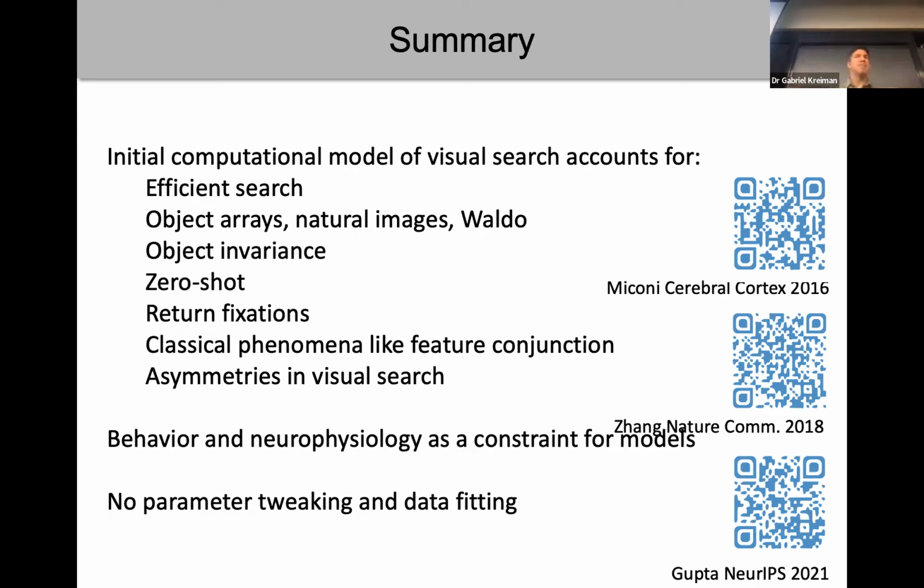We're above chance, but we're not very good at doing that, suggesting that we still have a long way to go in terms of our models. And that's important to note, because that's different from what I was showing at the end. So that's not contextual reasoning. Even with isolated objects, we're still not quite there at describing all of these kinds of visual search asymmetries.